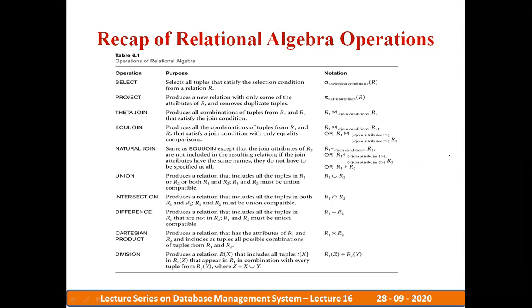Either you can rename the attributes, or the relation, or both the attributes as well as the relation. Then we discussed the union operation, intersection operation, Cartesian product and set difference. To perform the union, set difference and intersection, the two relations should be type compatible.